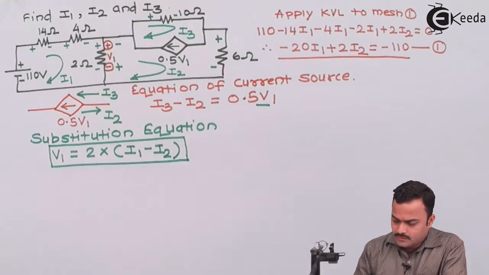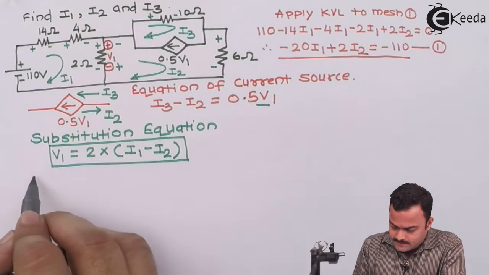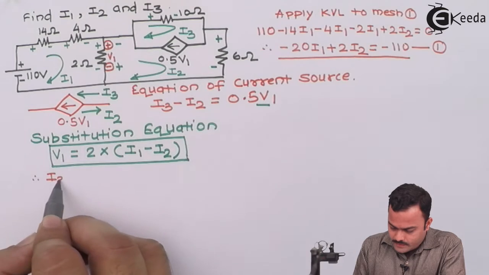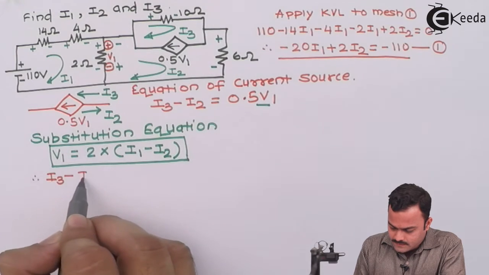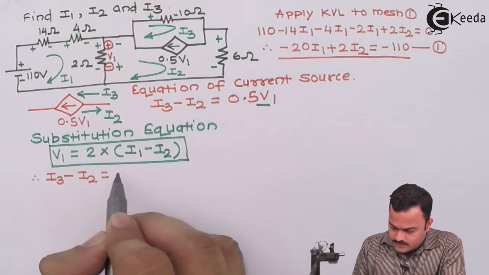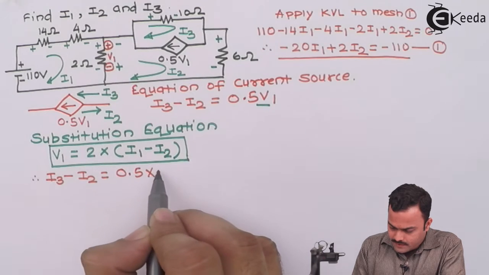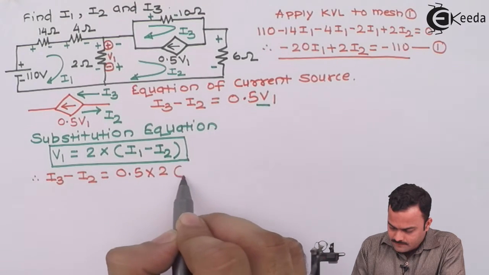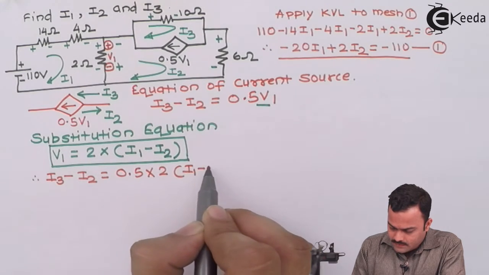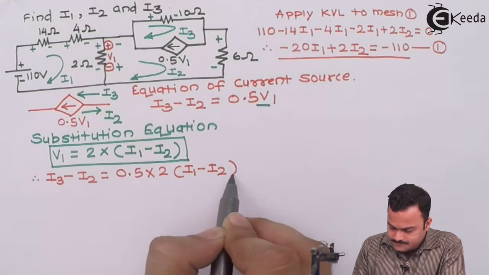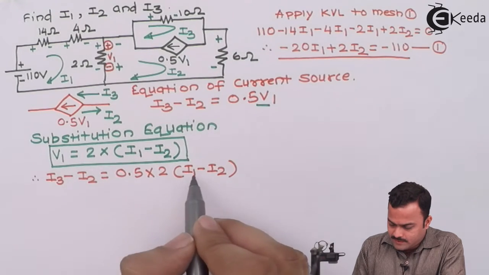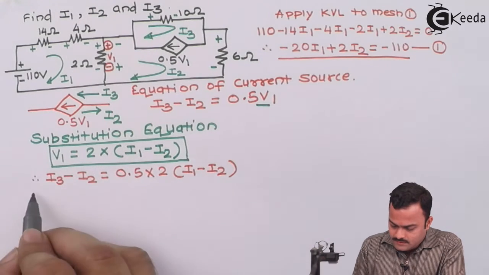Now let's substitute over here to get the new equation as I3 minus I2 equal to 0.5 multiplied by V1, which is 2 times I1 minus I2. So this simply becomes 1.